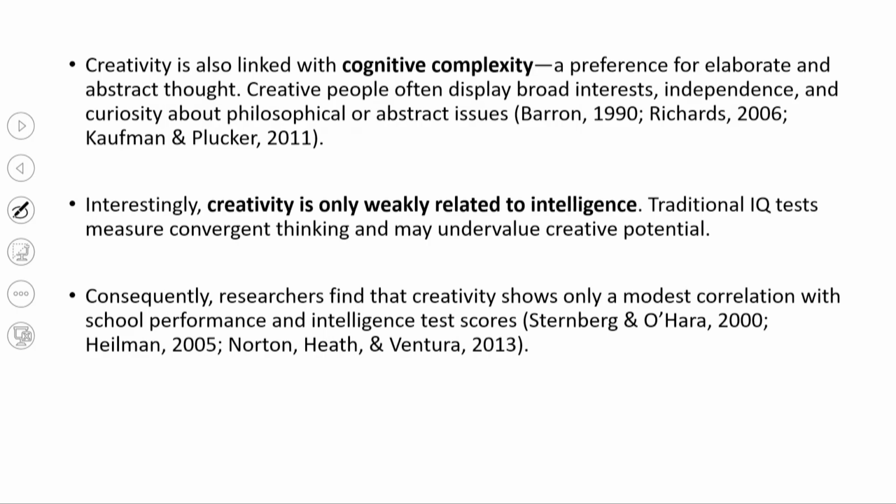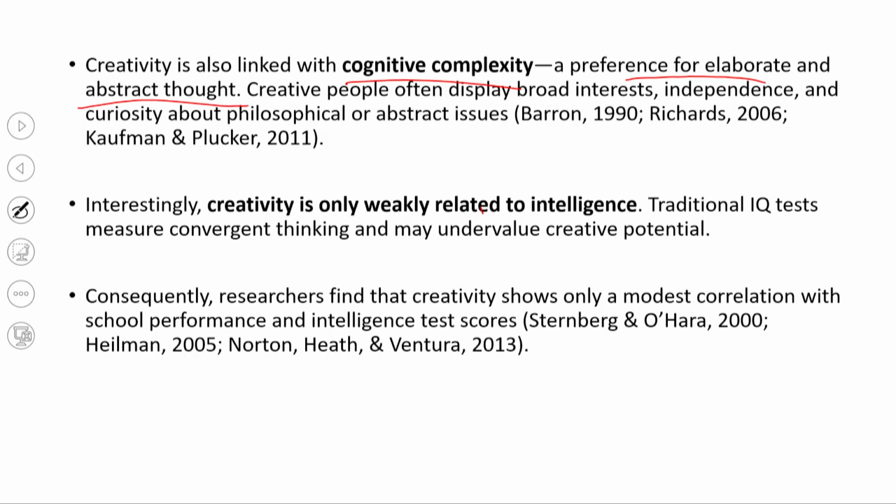Creativity is also linked to cognitive complexity. What does that mean? It is a preference for elaborate and abstract thought. When people have more elaborative thought processes, more detailed, they prefer to think in that detailed, elaborative and abstract way.